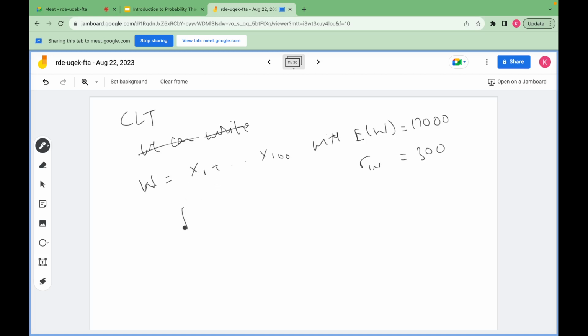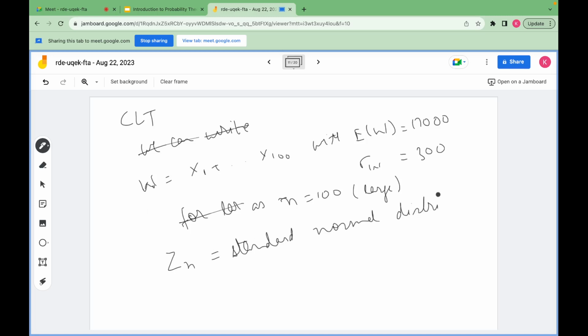As n equal to 100 is a large quantity, we can define some Zn which is a standard normal distribution, and which can be written as the sum of xi's minus mu, that is, expectation of W upon sigma of W. Okay, so this is Zn.